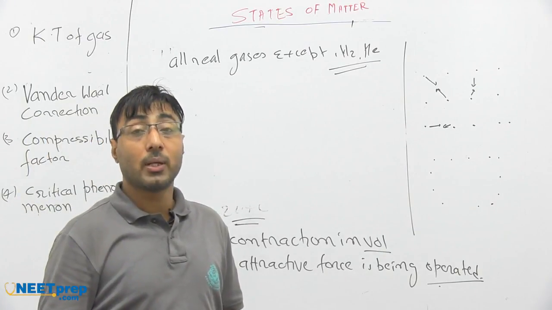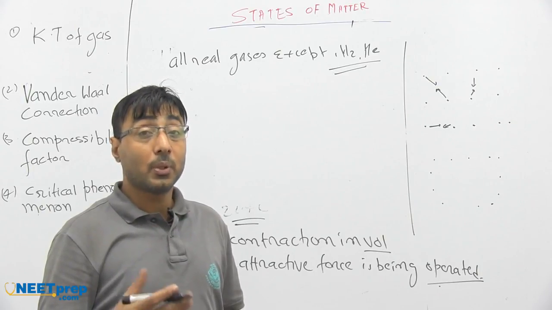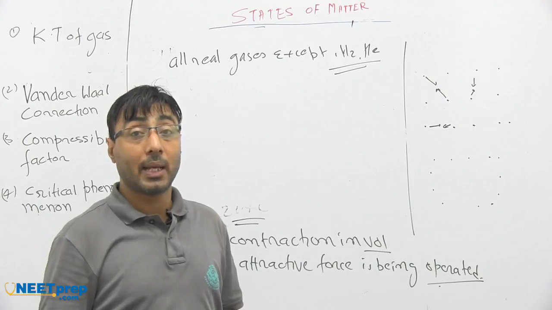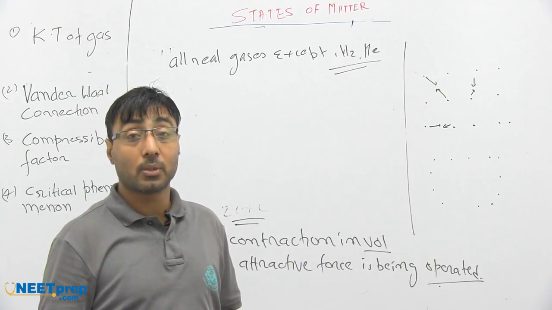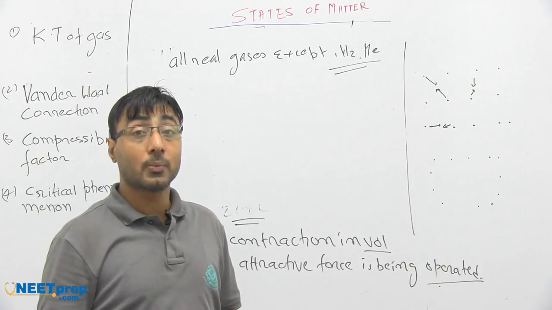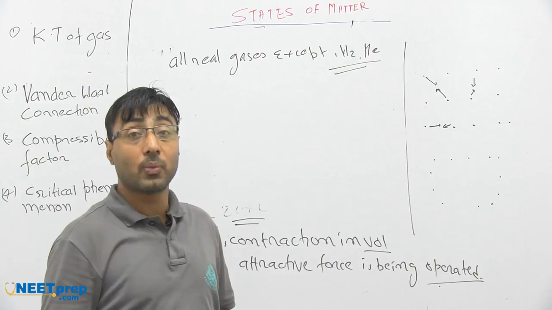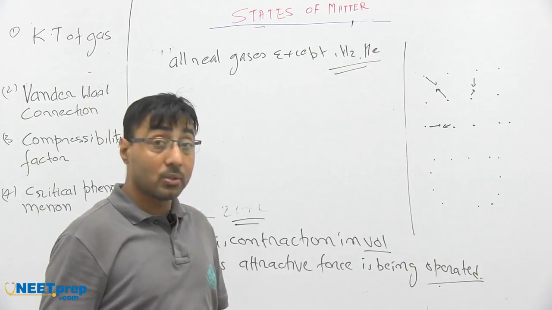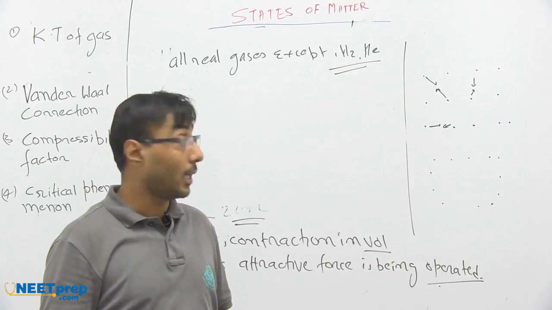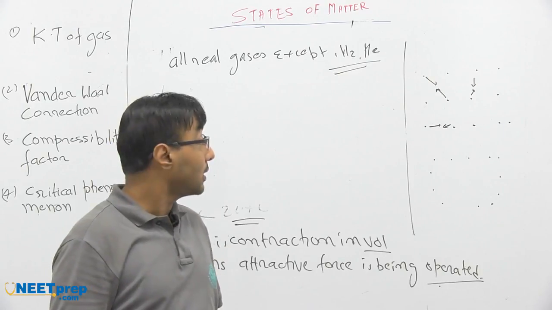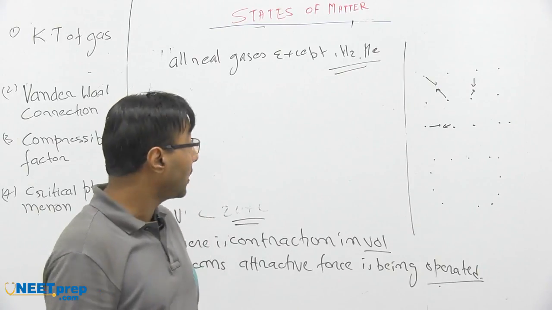If we can solidify CO2, it means there is an attractive force, which contradicts the kinetic theory of gases. What they say is that there are neither attractive nor repulsive forces among gaseous particles. But if there are no such forces, then how can they be liquefied or solidified? The presence of solid CO2 or liquid ammonia is sufficient evidence to prove that there is an attractive force between gaseous molecules.